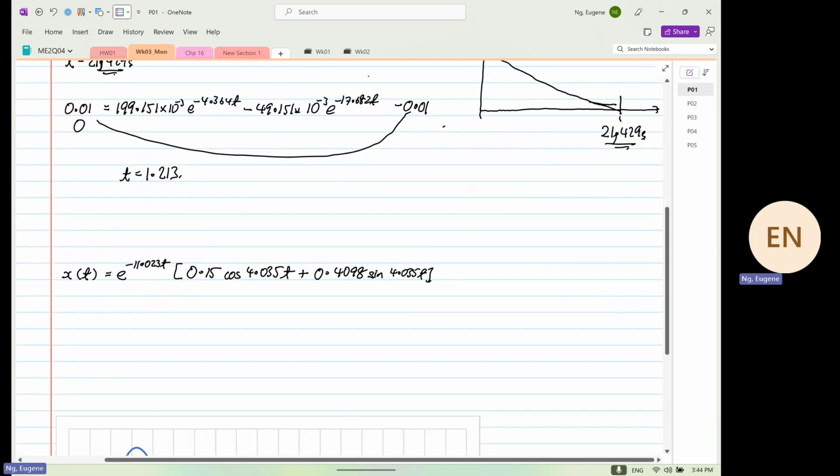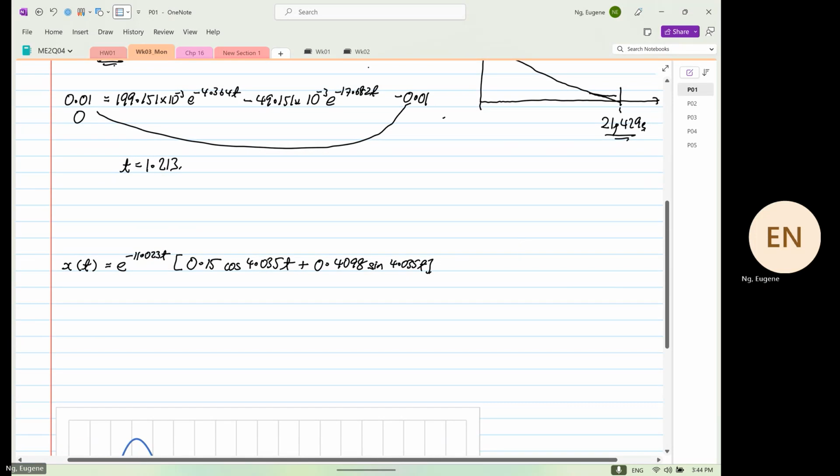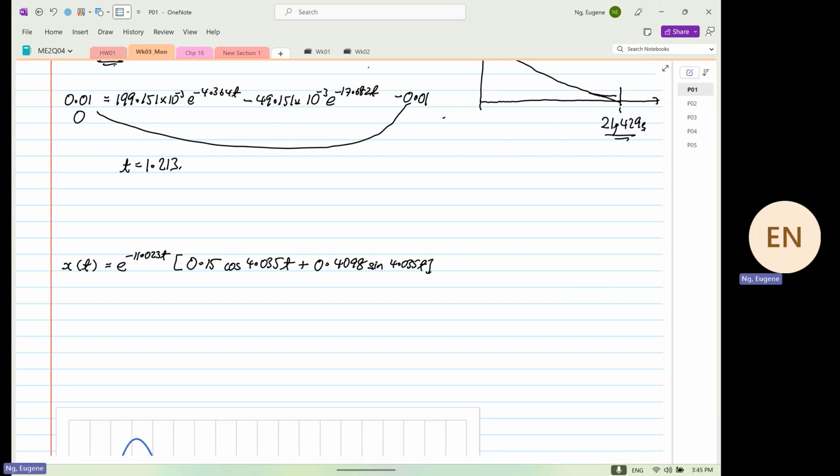If you look at this equation now, some students showed me by solving it what we could do, because we want to know when this is equal to 0. e to the minus 11.023t, times 0.15 cos 4.035t plus 0.4098 sin 4.035t.